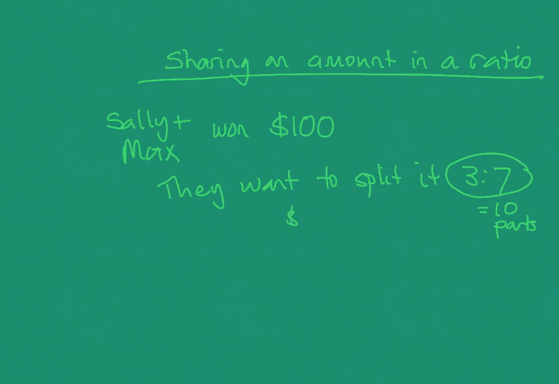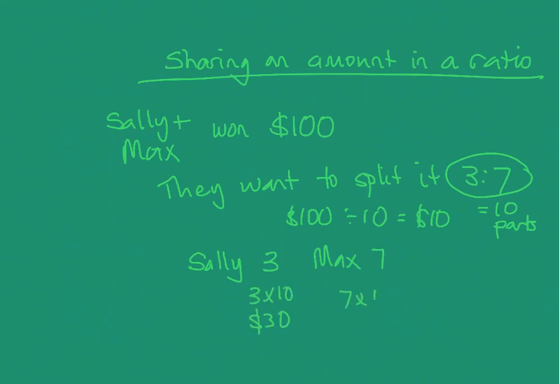So $100 divided by 10 equals $10. So that means that Sally gets 3 parts and Max gets 7. So 3 times 10 is 30 and 7 times 10 is 70.